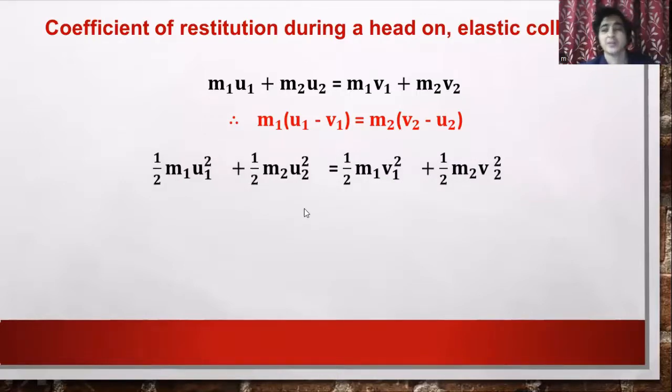Now we are considering perfectly elastic collision, so kinetic energy is also conserved. So kinetic energy before collision, half m1 u1 square plus half m2 u2 square, will be equal to total kinetic energy after collision, which will be half m1 v1 square for the first body and plus half m2 v2 square for the second body.